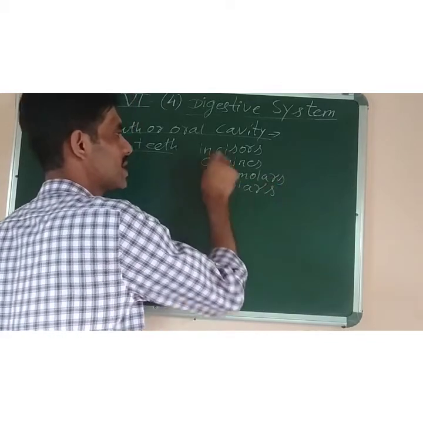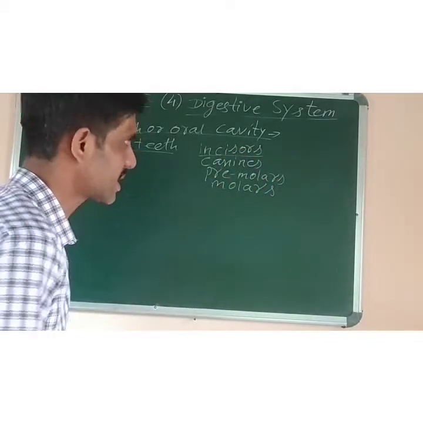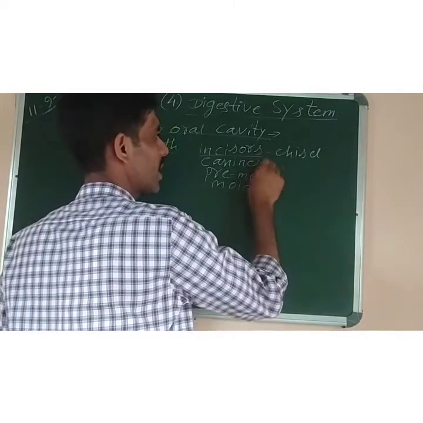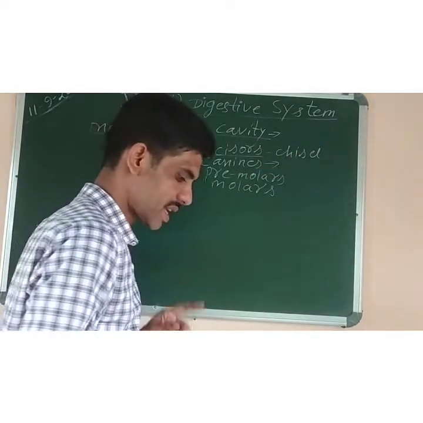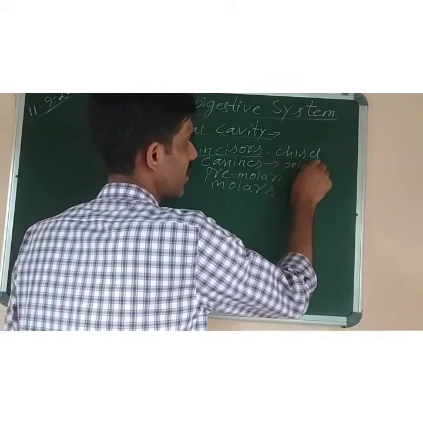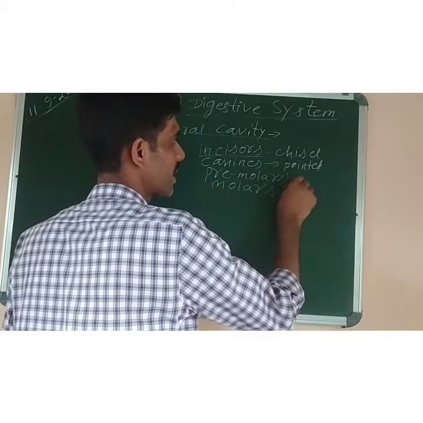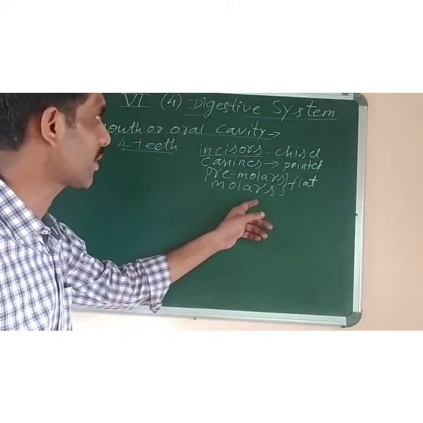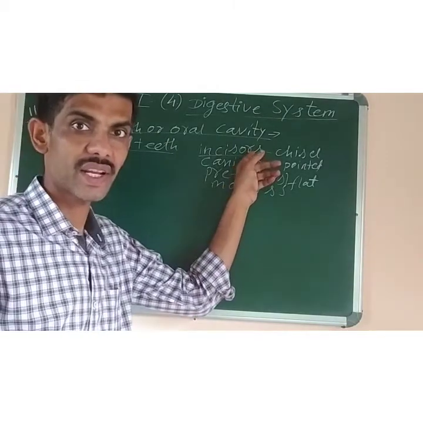They have different shapes. Incisors are chisel shaped. Canines are sharp and pointed, which is used for tearing of food. And these two are flat on the surface. They are used for grinding of food. The incisors are used for biting and cutting of food.